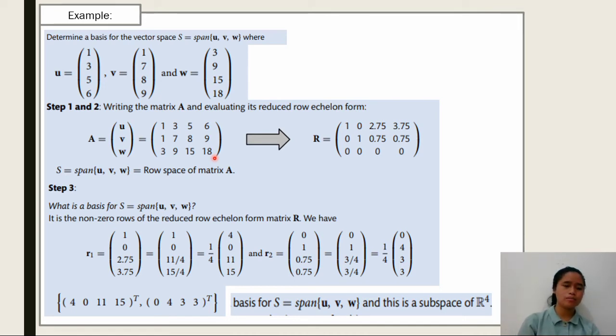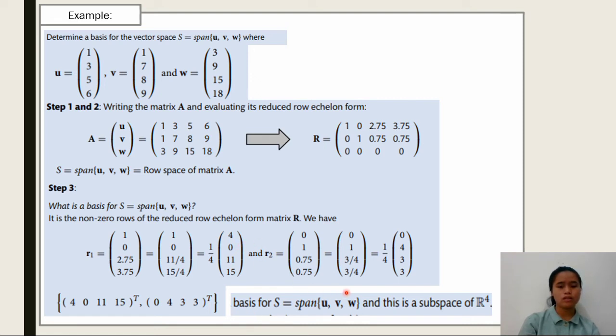S equals span of U, V, and Y equals the row space of matrix A. So step 3: what is the basis for S equals span of U, V, and Y?